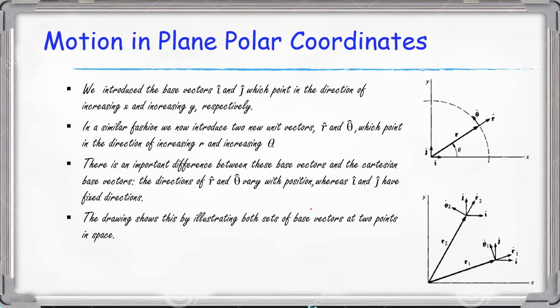r1 is the first position, or r1 cap is in the direction of the radius vector.